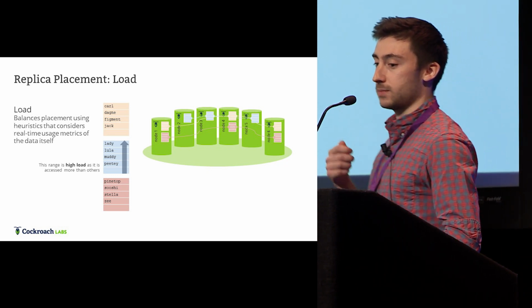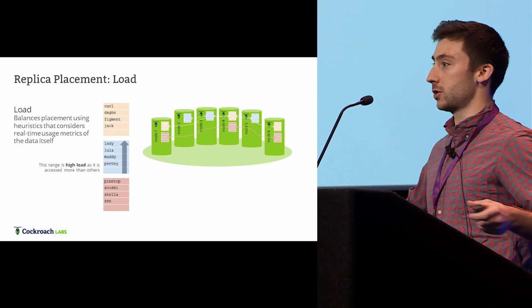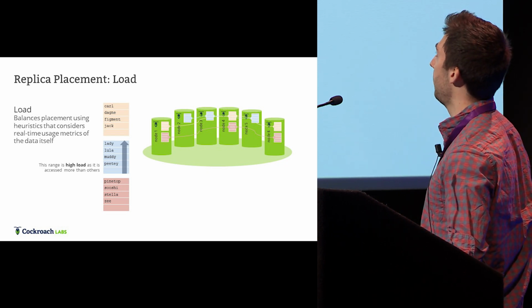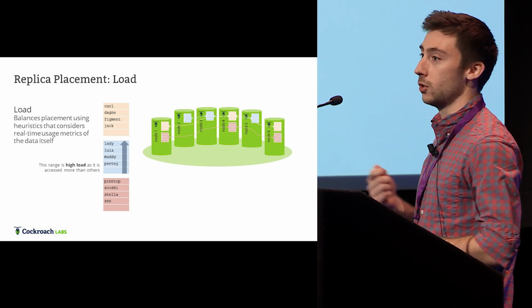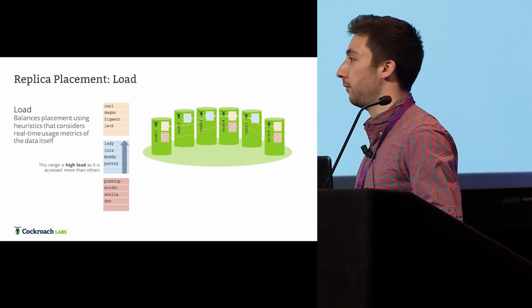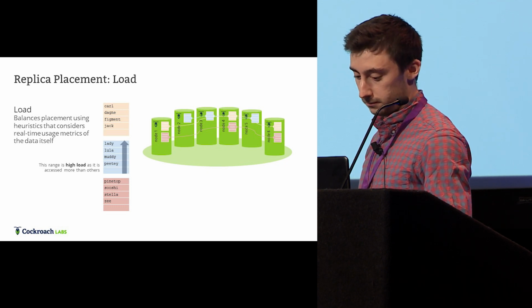So CockroachDB tracks per range load metrics and then balances load for those ranges across the cluster. In this case, we see that the blue range ends up on its own nodes because it's accessed so frequently. In practice, there are thousands of ranges per node, but this heuristic is still very important.